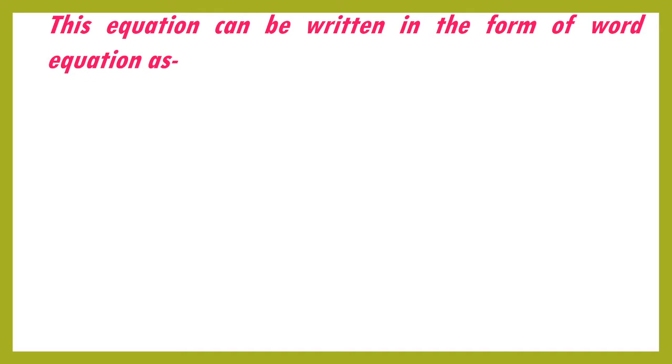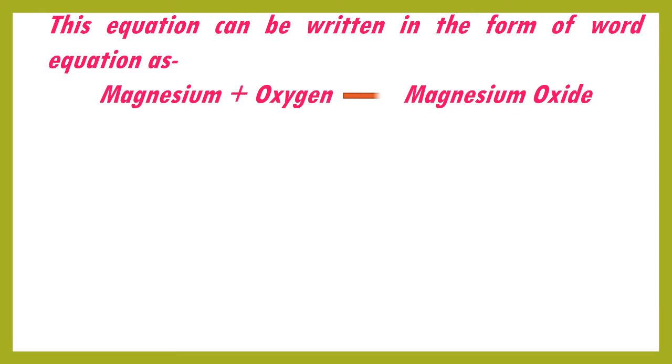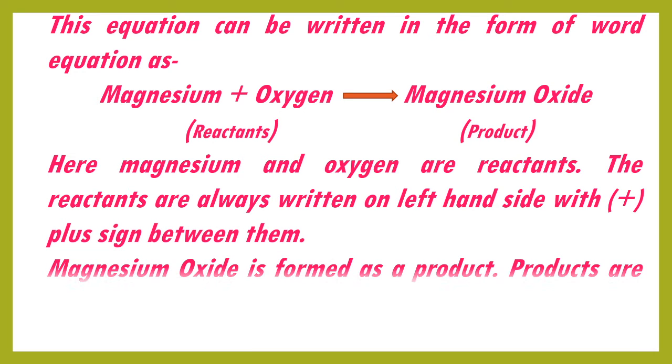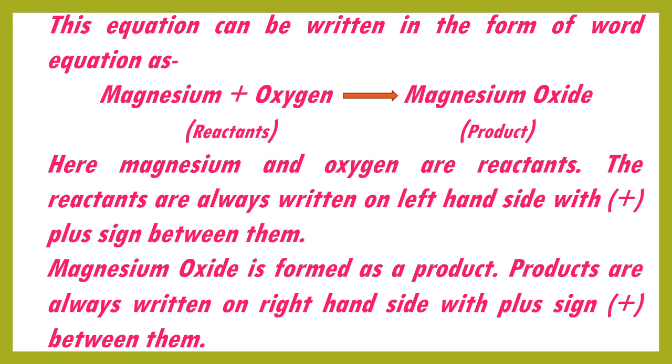This equation can be written in the shorter form, or in the form of a word equation, as magnesium plus oxygen gives magnesium oxide. Here magnesium and oxygen are reactants. The reactants are always written on the left hand side with a plus sign between them, and a new substance, magnesium oxide, is formed as a product.